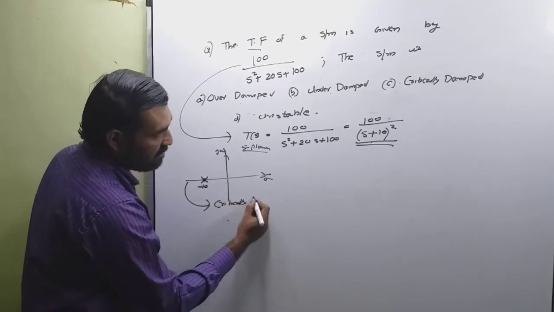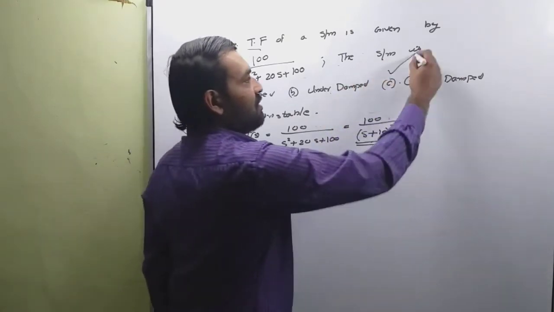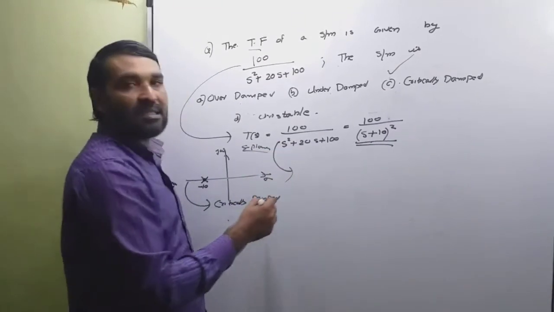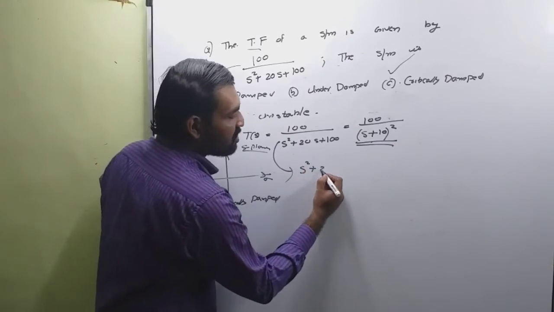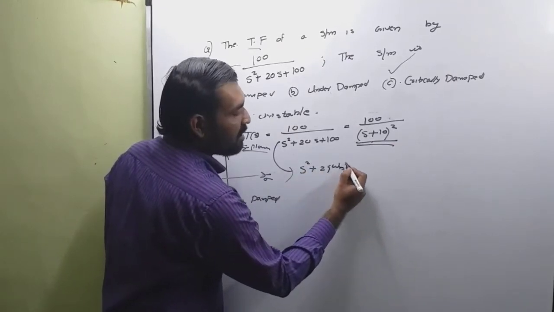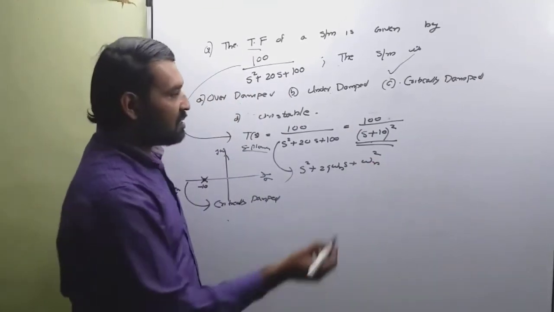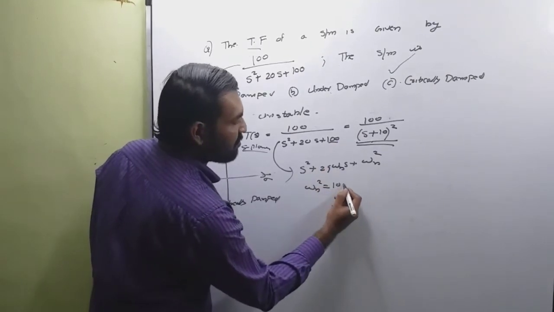Critically damped. So the answer is C. This can also be proved by comparing this with the standard equation, that is s square plus 2 theta omega n s plus omega n square. That means omega n square is equal to 100.